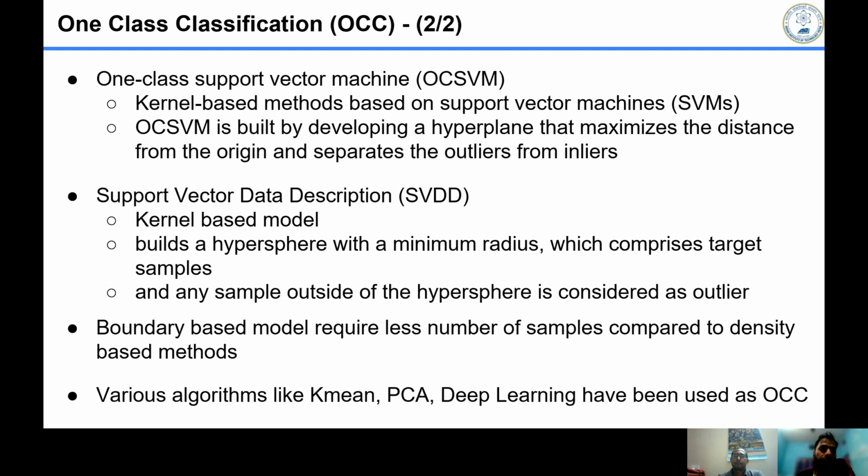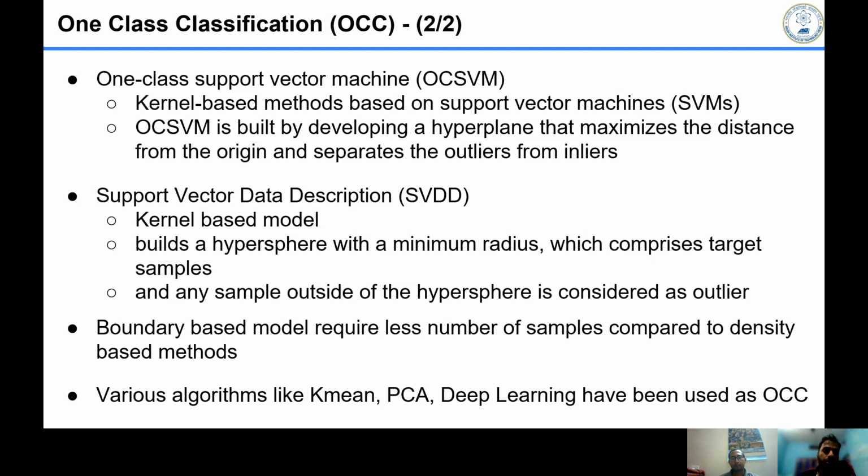The other variant is called support vector data description. This is also a kernel based or boundary based model. It builds a hypersphere with minimum radius, which comprises the target samples. Any sample that falls outside of that hypersphere is considered an outlier.